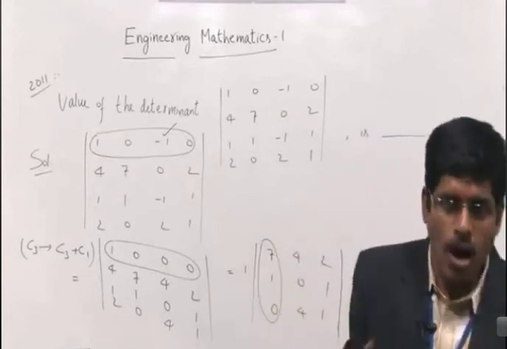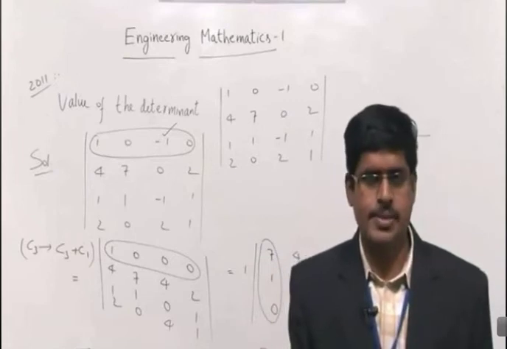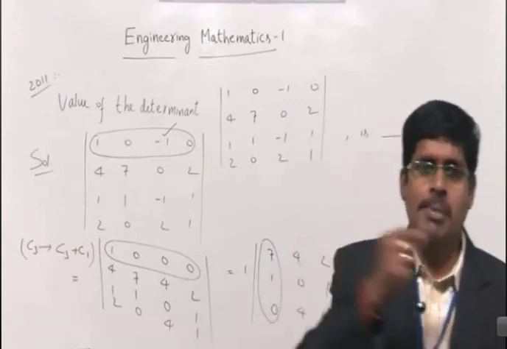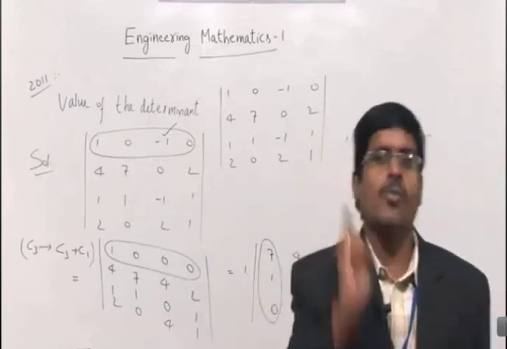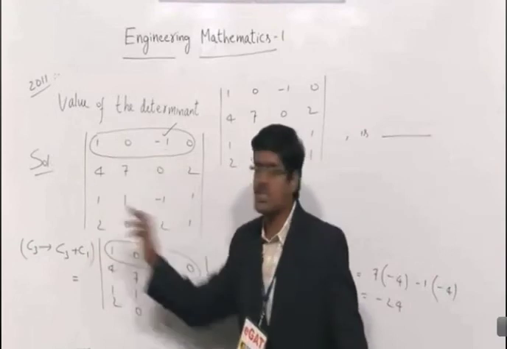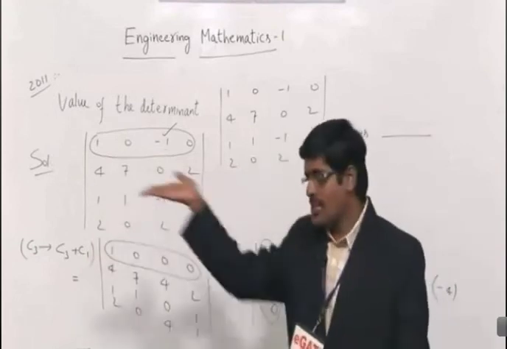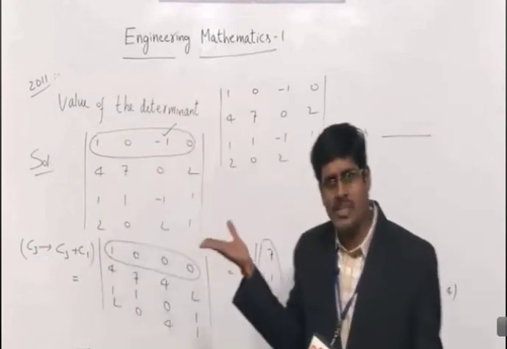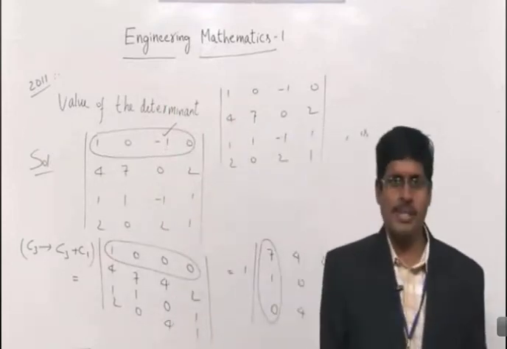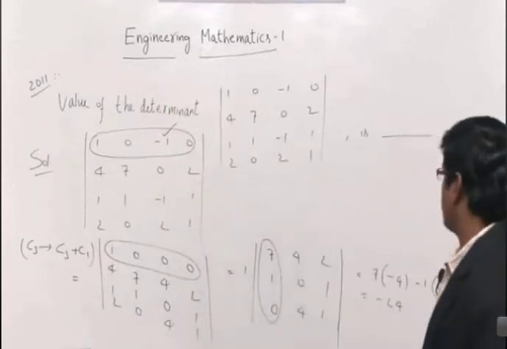In that selected row, using row or column operations, make the elements zeros except 1. I showed you already these two elements 0. I made this element 0 using this operation. If I am showing this direction, that is applying column operations. If I am showing this direction, I am going to apply row operations.